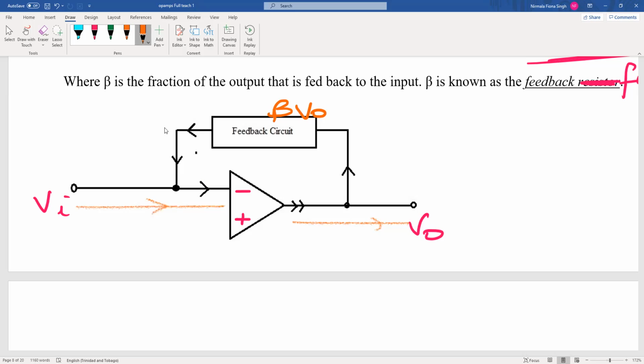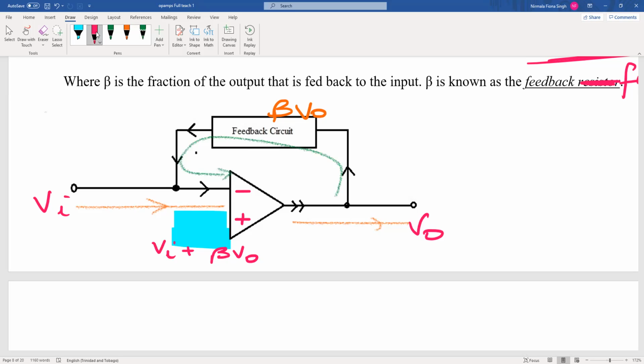Let's use the next color. This new voltage is now being fed back into here. So you see this section here, we now have two voltages being added to each other. What are those two voltages? We're going to have VI plus beta V naught.